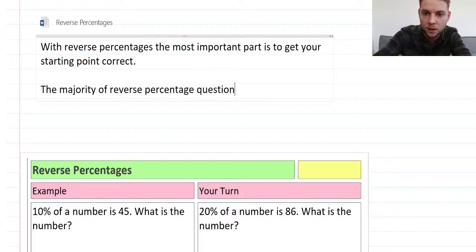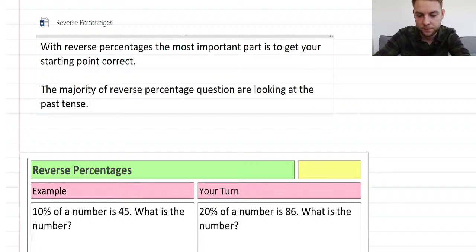The majority of reverse percentage questions are looking at the past tense, e.g. what was the original amount?